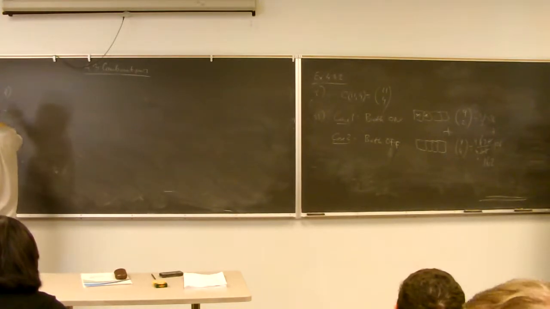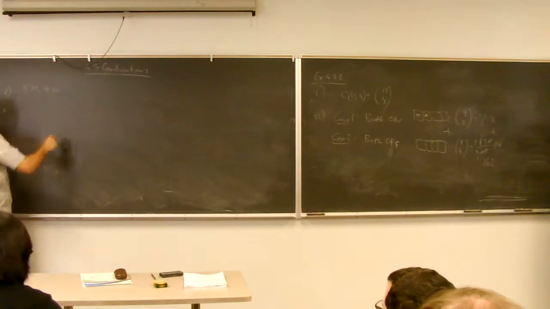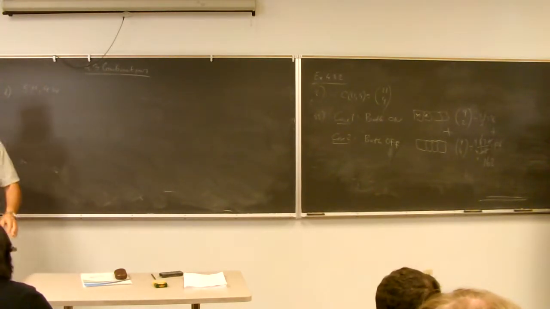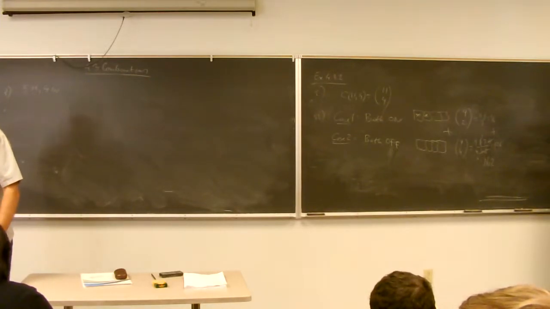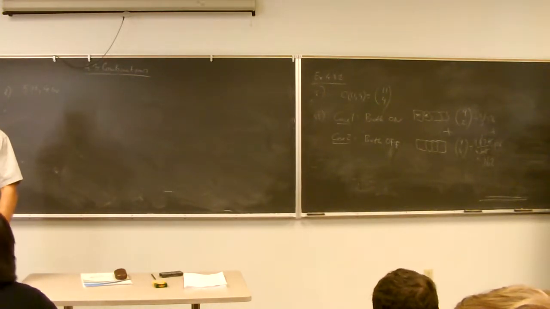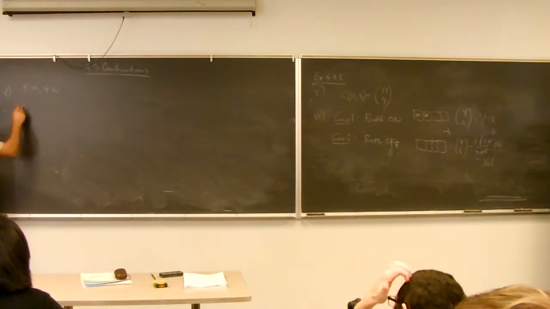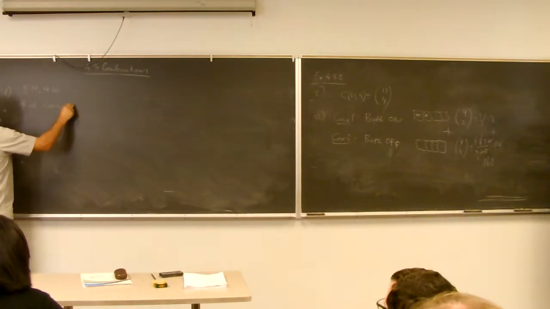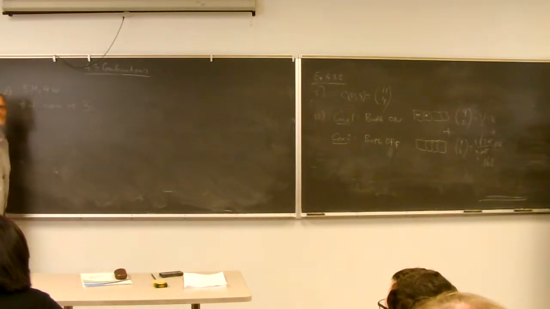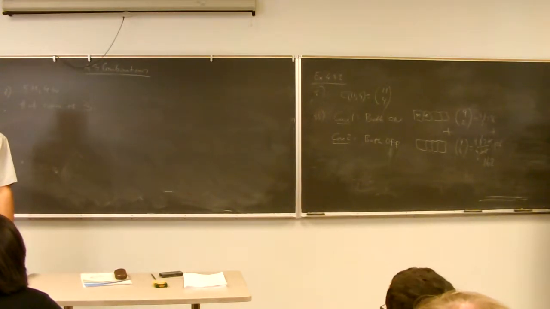So we have 5 men and 4 women. So that's the total. By the way, in the notes, I didn't ask that question. But what if I ask you the following? How many committees of 3 can we make? Number of committees of 3. In this case, you don't distinguish between them.